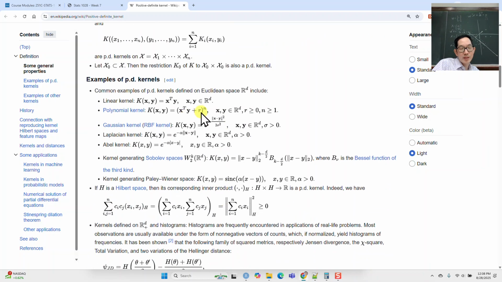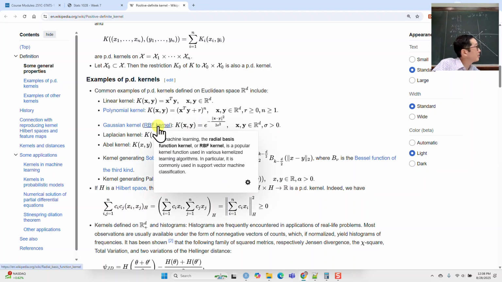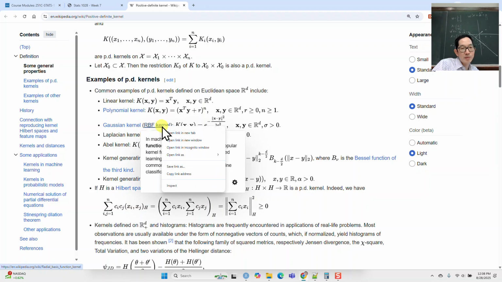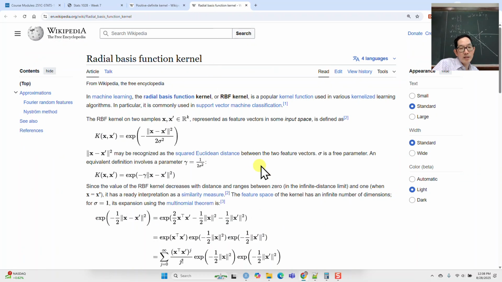So the linear kernel doesn't do anything, but then you have these polynomial kernels, and one of these that's very popular is the RBF, the radial basis function, or the Gaussian kernel, okay? And this takes this thing and applies this transformation, okay?